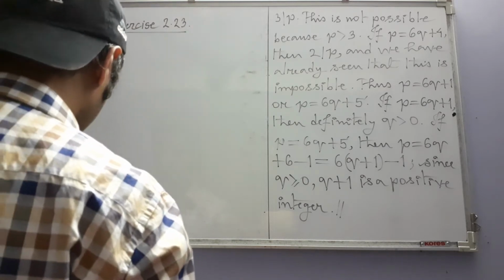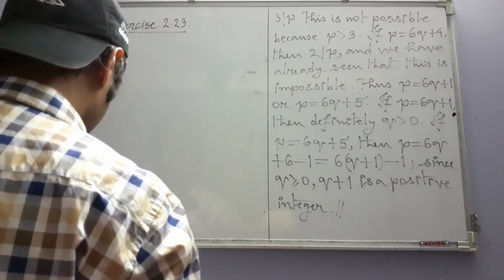Next, 23. Let p be a prime and n an integer.